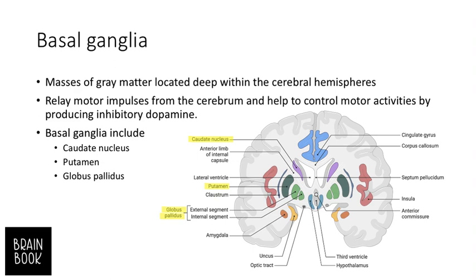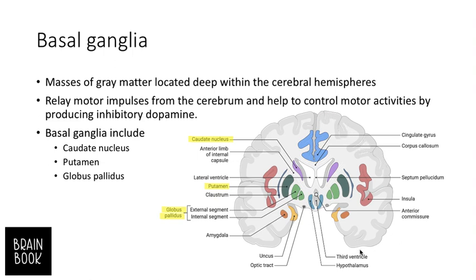In our cerebrum, there are some parts that are named basal ganglia. What are basal ganglia? They are masses of gray matter located deep within the cerebral hemisphere. We say that the gray matter exists in the outer layer of our brain.